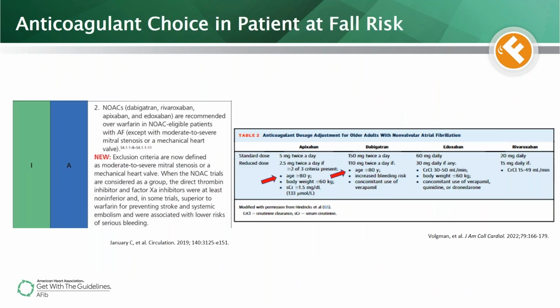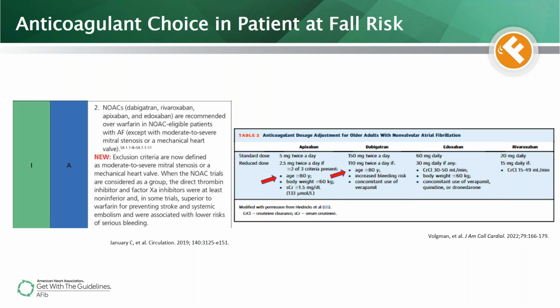So what about our anticoagulation choice in patients with a history of falls? Well, these are updated guidelines from 2019 from ACC/AHA that support the use of NOACs or DOACs.